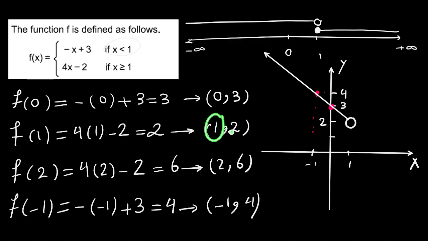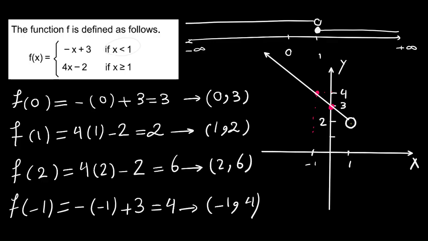Okay, the point 1 and 2 is acceptable because x is 1, and also the point 2 and 6 is acceptable because 2 is greater than 1. So I pick these 2 points.